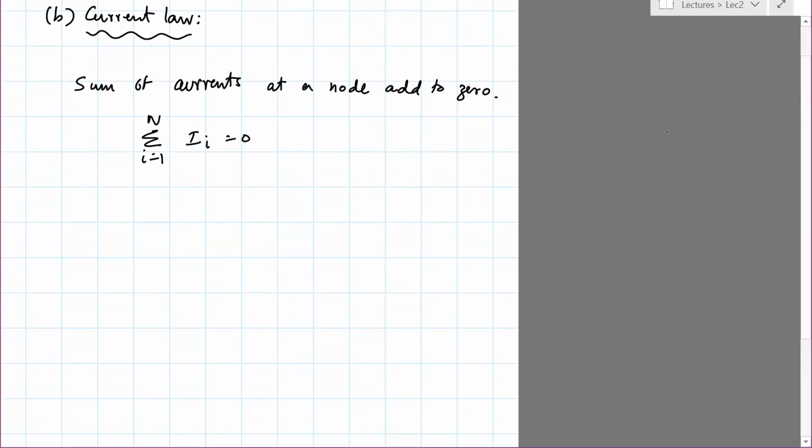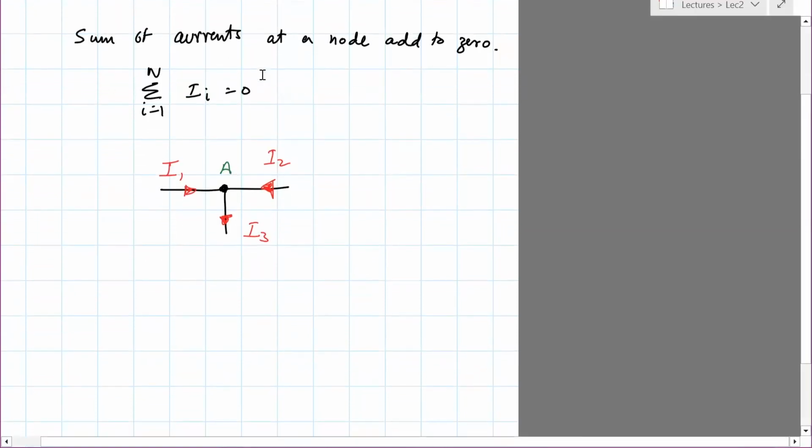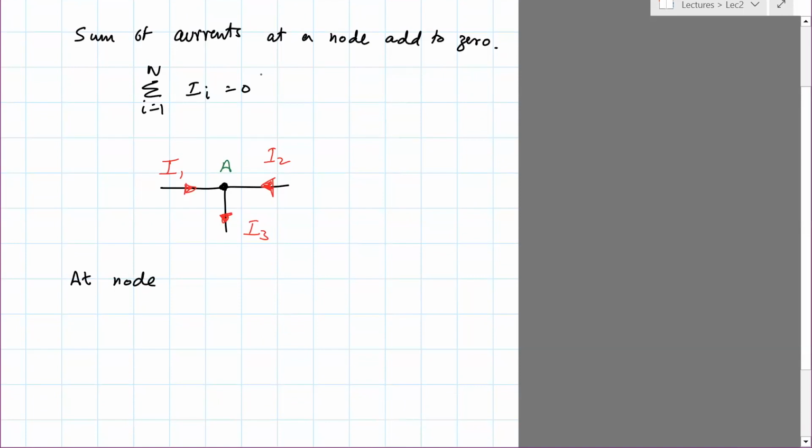So let's see how to do this. If you have a node and wires sticking out, say this is I1 in this direction, I2 in this direction, let's say I3. Let's call this node A. So at node A, we can write, everything going in should add up to 0, and we need to be careful about the signs.